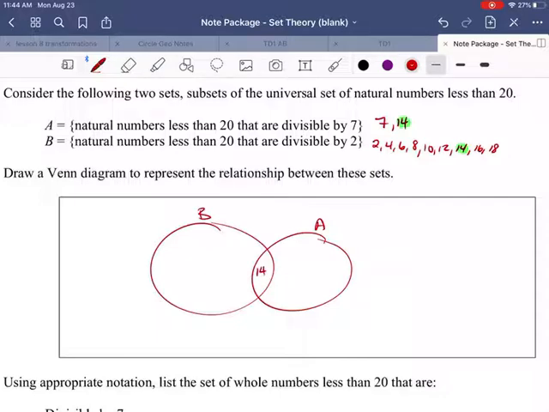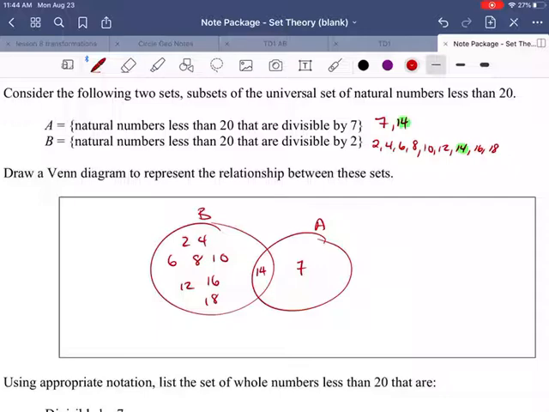Set A also has 7, which is not in set B. Set B has 2, 4, 6, 8, 10, 12, not 14 because it's already in the intersection, then 16 and 18.